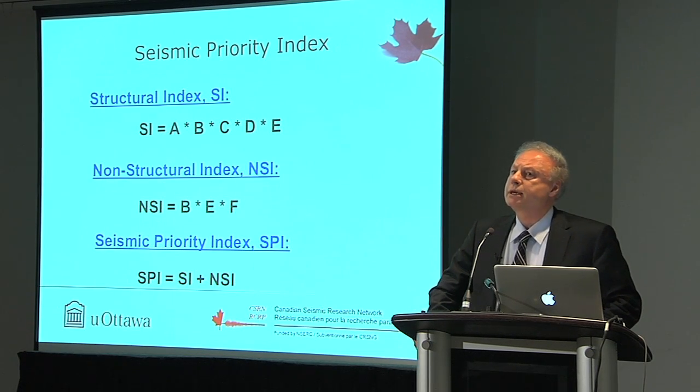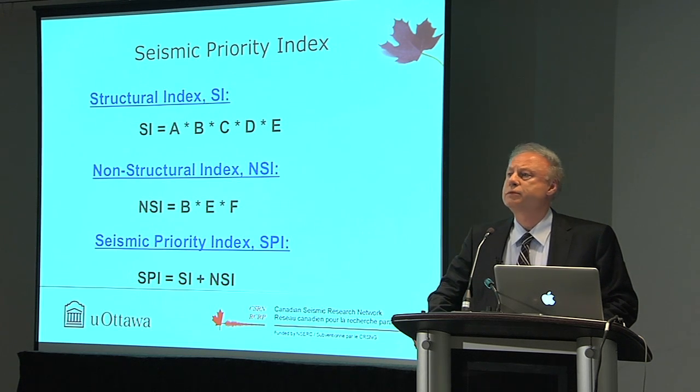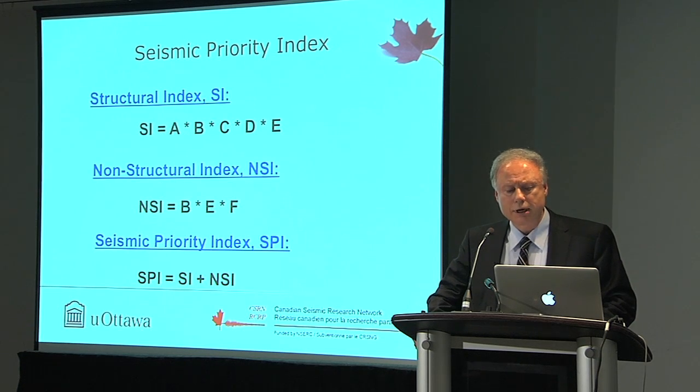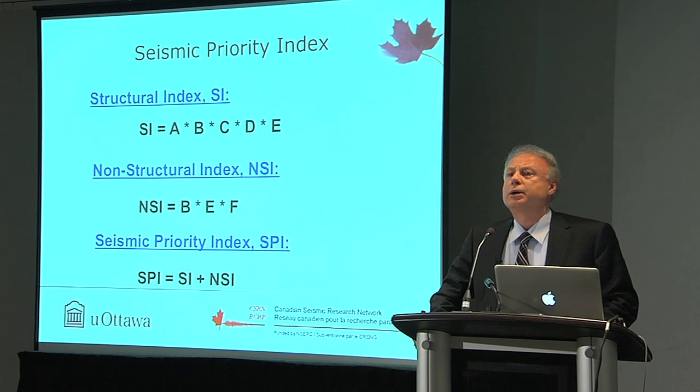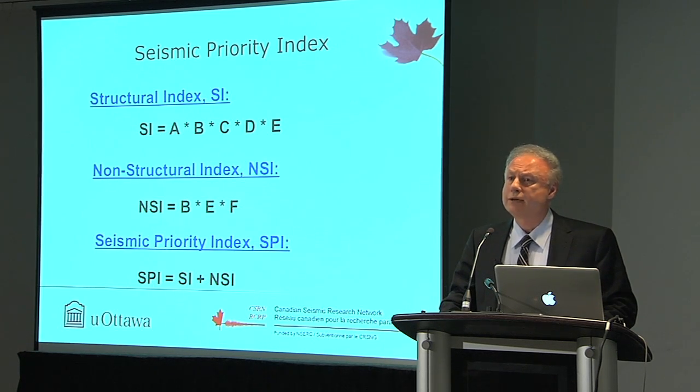Coefficient B would reflect soil conditions, and you've heard so much about it today. Obviously, for soft soils, risk would be higher, vulnerability of the building would be higher, and B would go up. And C would reflect toughness of the building, ductility of the building. This is something I will elaborate on in more detail later on, but essentially not all buildings behave the same.